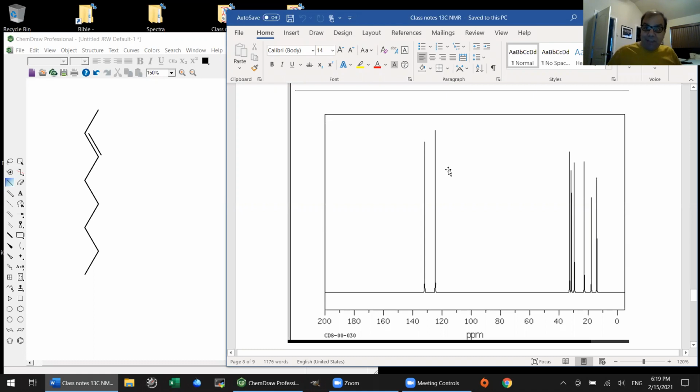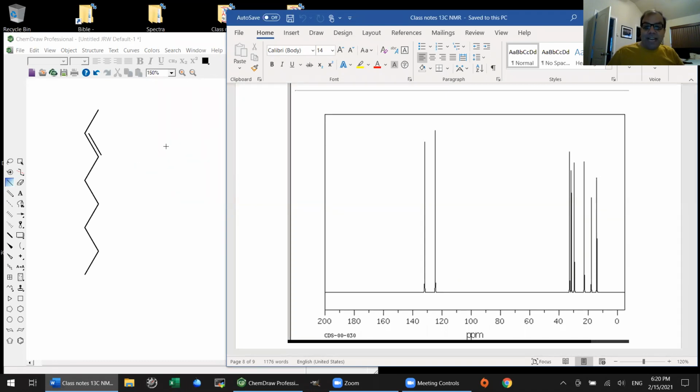But I will say that we would have expected all 8 carbons to be different, that these two are going to be your 2 alkene carbons, your remaining 6 aliphatic carbons would be up here somewhere. Other than that, I don't think there's too much that we can learn from this.